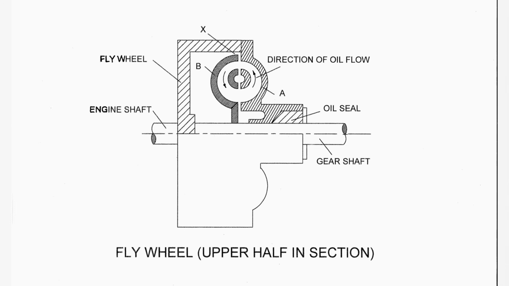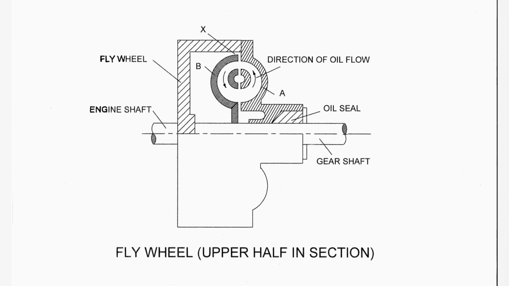The gearbox shaft, which has been shown in the figure, is able to rotate independently. Its motion is not affected by the motion of the engine shaft. You will notice that there is a gap between the two rotors. This gap is approximately 1 to 1.5 millimeters.